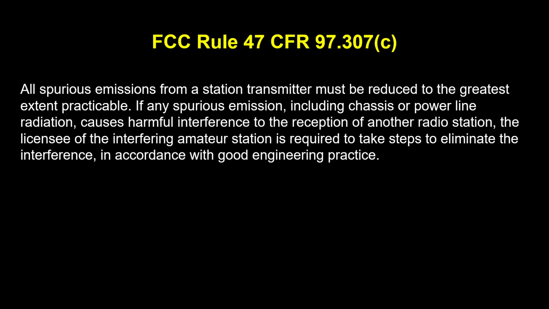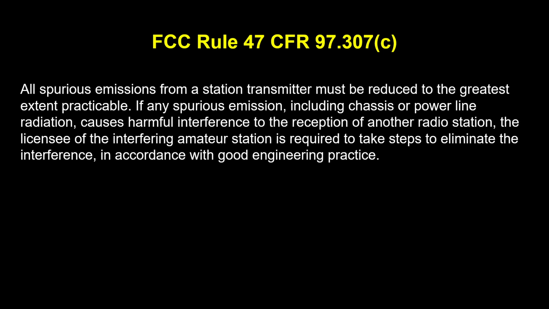So right here, the rule 97.307(c) tells us that all spurious emissions from a station transmitter must be reduced to the greatest extent practical. If any spurious emission, including chassis or power line radiation, causes harmful interference to the reception of another radio station, the licensee of the interfering amateur station is required to take steps to eliminate the interference in accordance with good engineering practice.